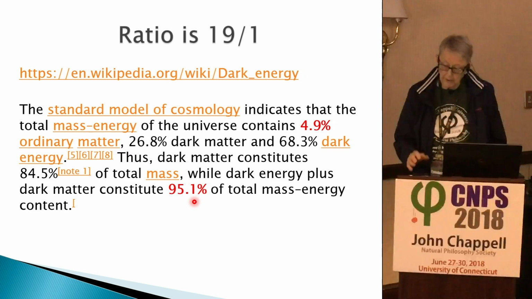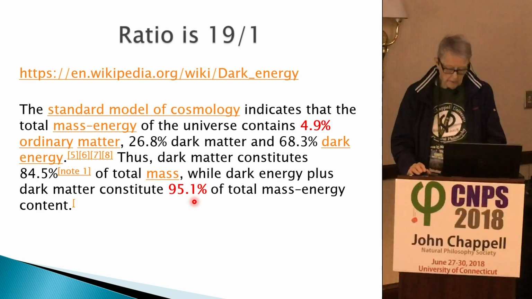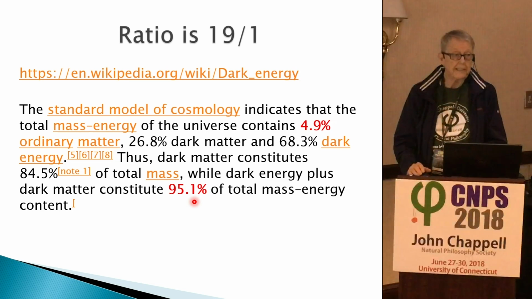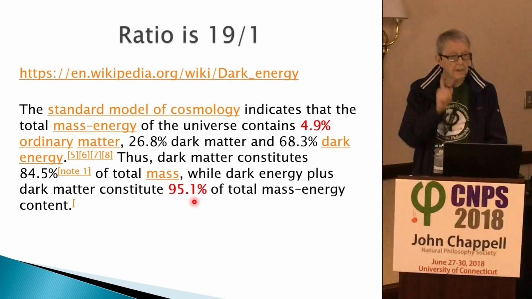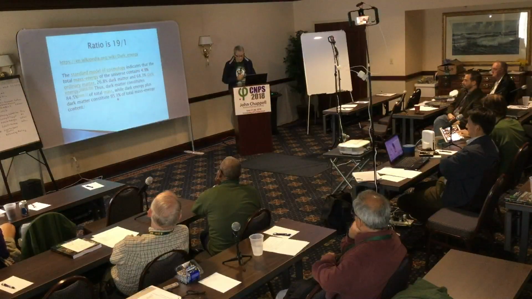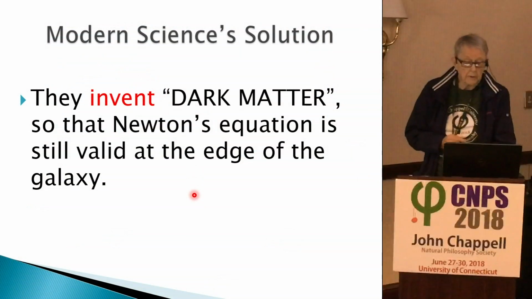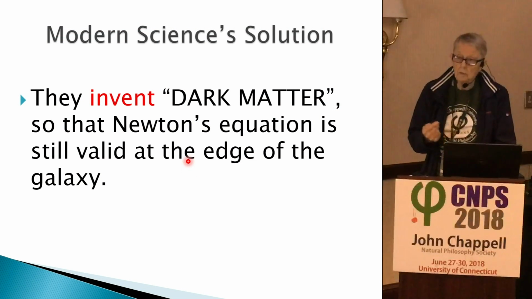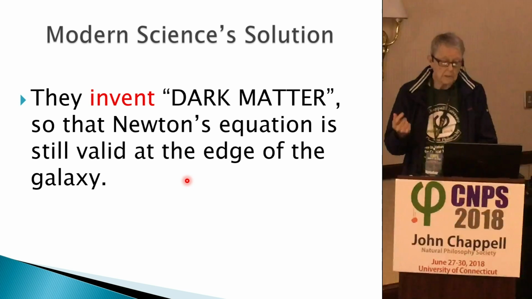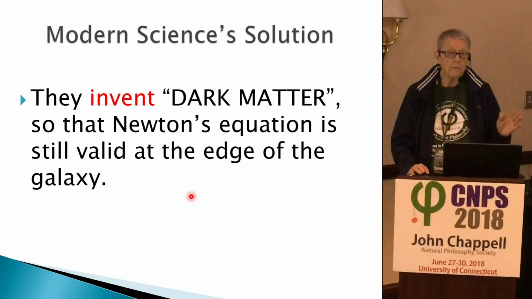I haven't verified any of those numbers. I'm quoting what they say. That's how much dark matter is needed. You've got to add 19 times the mass that's in the equation to get the velocity up where it needs to be at the edge. So they invent dark matter to do what? Protect Newton's equation, the Keplerian equations, and keep the gravitational constant constant.